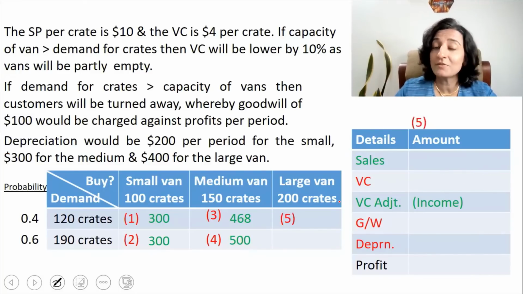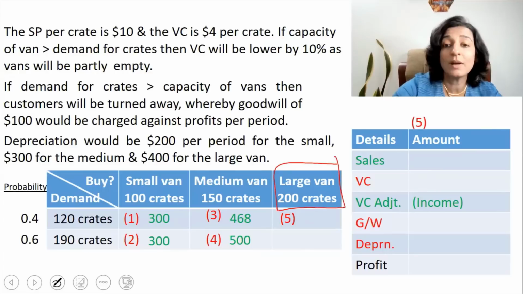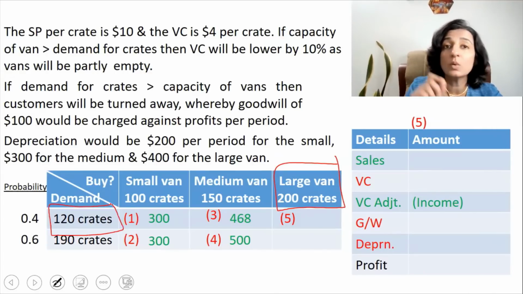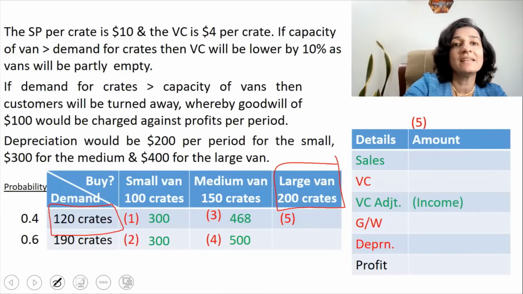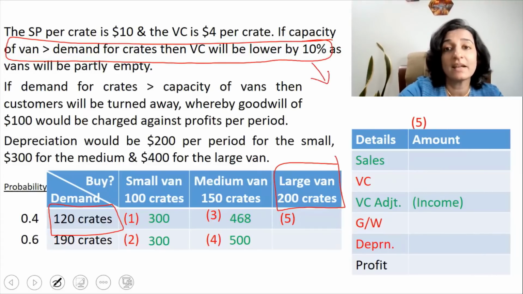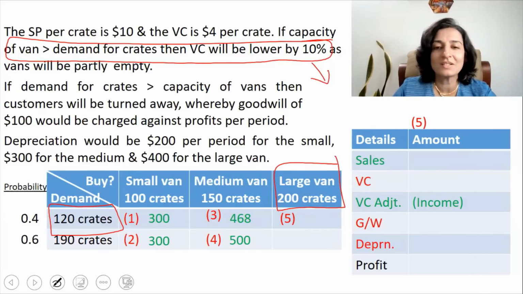Now coming to situation 5, where we have the large van with a capacity of 200 crates and the demand is only 120 crates. The demand is less than the capacity, which means that we will have a variable cost adjustment. So we will start off with the sales.